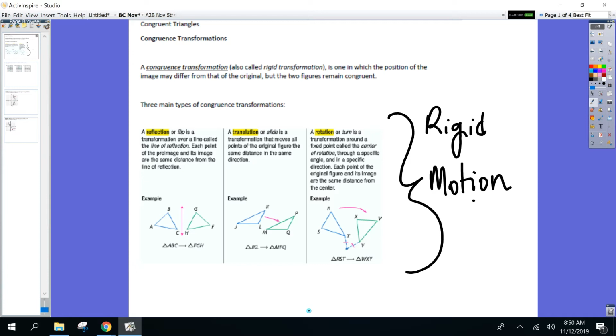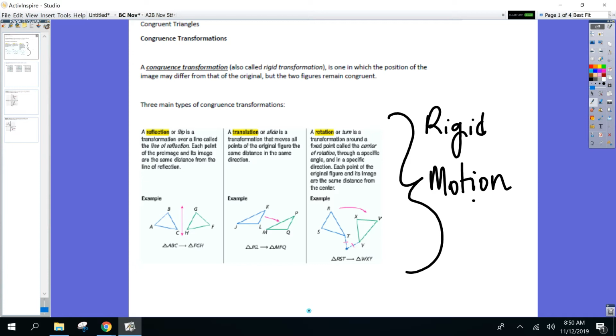That is anything, does not have to be these three, but anything that I can do to a triangle that at the end, the image and the pre-image are congruent to each other. I could slide it, flip it, turn it, whatever is the case, as long as the first one is congruent to my ending triangle. All right, we refer to that as a rigid motion. Anything that keeps the size and shape the same.